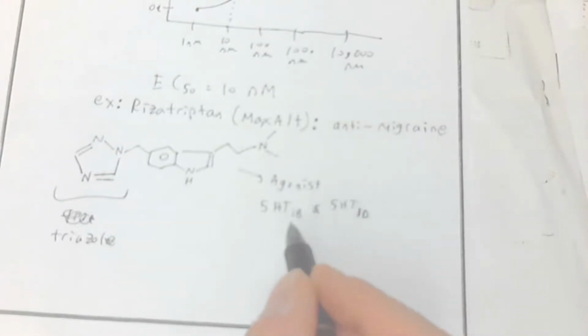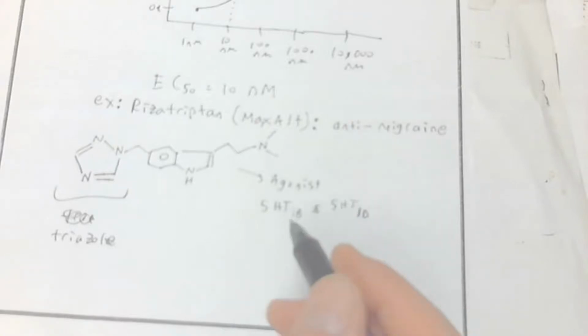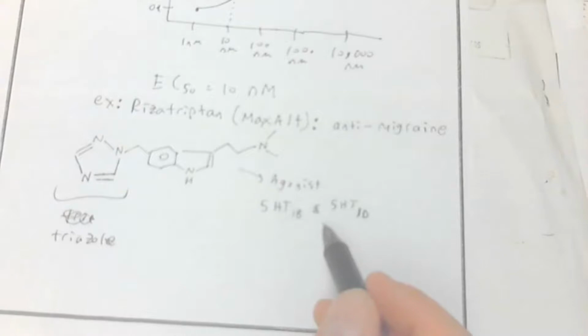it seems to have a pretty effective treatment against migraines. How that actually works, there's probably a ton of biology behind migraine headaches, and somehow people figured out that if you activate these specific receptors, they kind of prevent the development and pain of a migraine, which is pretty cool.